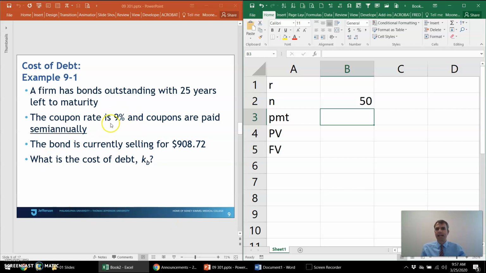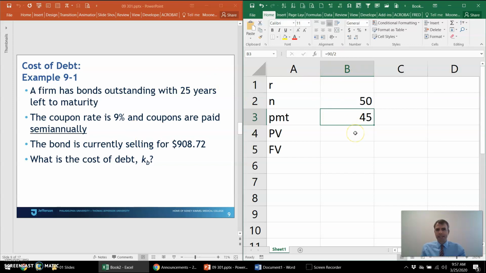The coupon rate's 9%, paid semi-annually. Remember, the coupon rate times the face amount gives us the total annual interest payment, and then we divide that by 2. So this bond has a face amount of 1,000 always, and will pay $90 of interest per year. If we divide that by 2, then we've got a semi-annual coupon payment of $45.